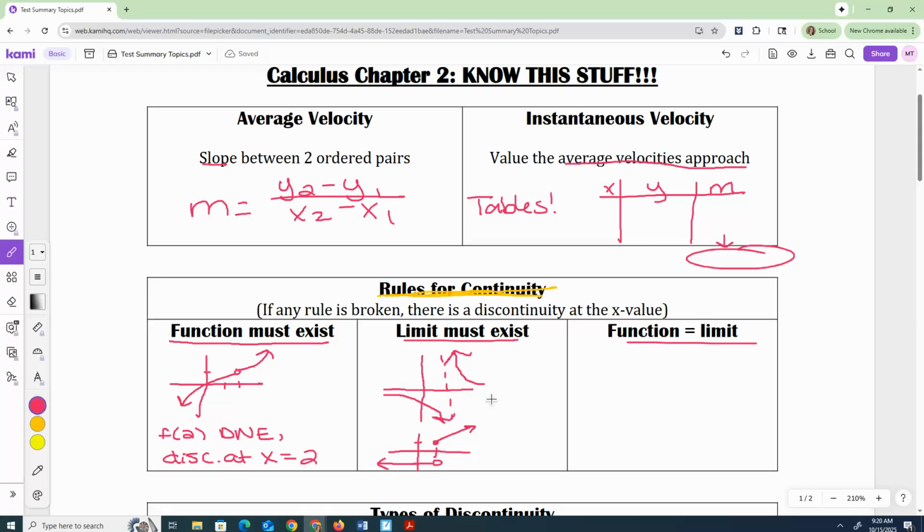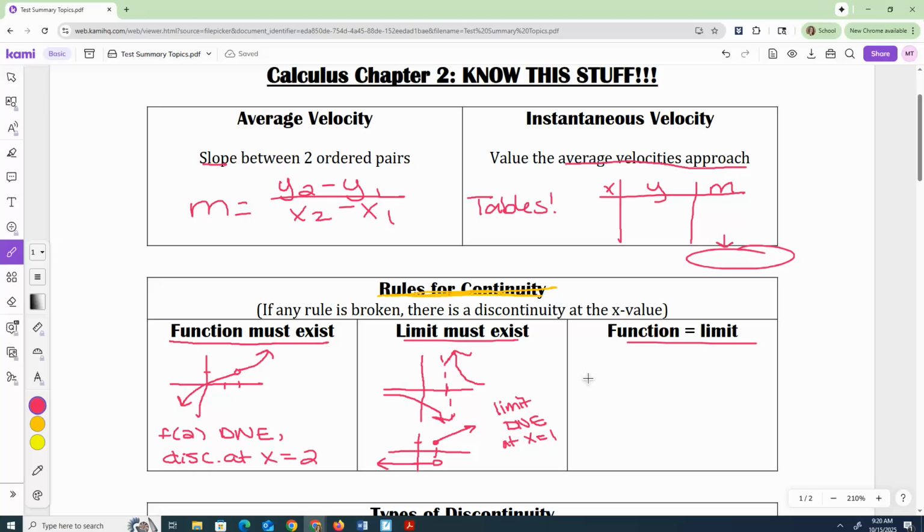Yes, because I have a closed circle. In this first one, does the function exist there? No, so technically the first graph broke both rules. Second one, the function exists, but the limit doesn't. So in both cases, the limit does not exist at x equals 1.